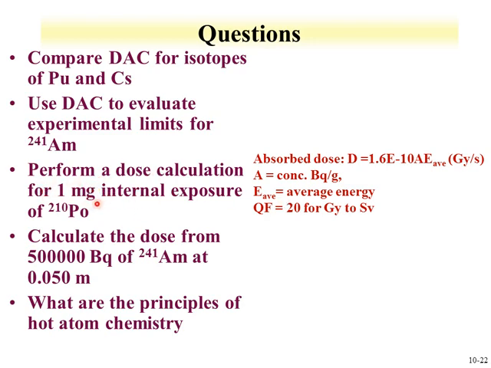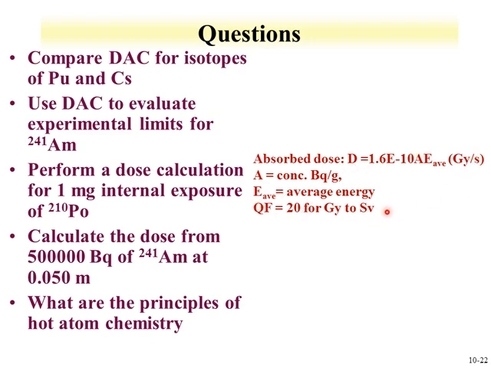You'd have to put in the mass that it would be absorbed to. If you're using something like a reference person, that could be on the order of 70 kilos. For the milligram, you'd have to convert this to activity. So I'd get becquerels in 70 kilos, so I get becquerel per gram, assuming a complete overall exposure. The average energy, you could look up for the decay of polonium-210, and then you'd get this value in grays per second.